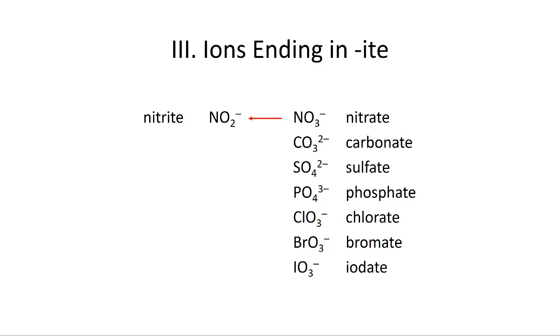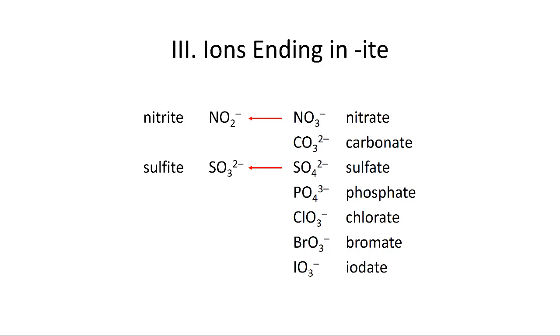It turns out that there is not a carbonite ion, so we're going to switch now to sulfite. So sulfate is SO4 with a 2- charge. Sulfite has one fewer oxygen, but the same charge. So here it is, sulfite. Notice that sulfite has one fewer oxygen and a 2- charge.